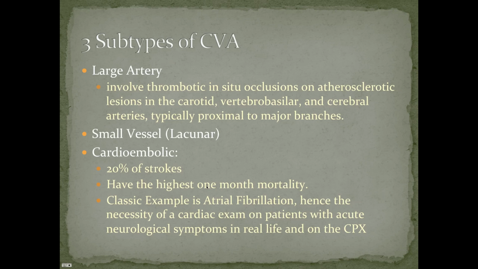If you see a standardized patient with what you believe is a stroke, you will be expected to perform the cardiovascular exam just like the neurologic exam. In the real world, it's helpful to pick up if someone has an irregular heartbeat, such as atrial fibrillation, or a murmur or some other focus of an embolic source.